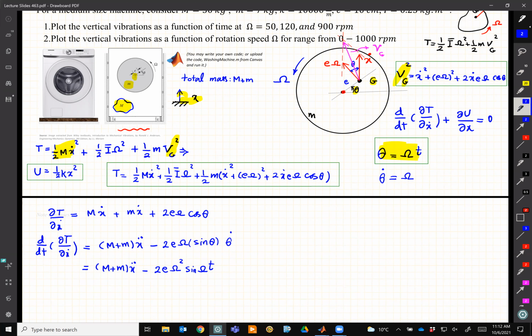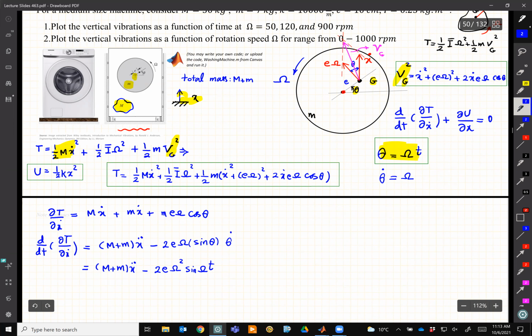Oh, half m, right? Yeah, you're right. We have an m here. Thanks. There is an m which you forget because they multiply by m, but we have a half.